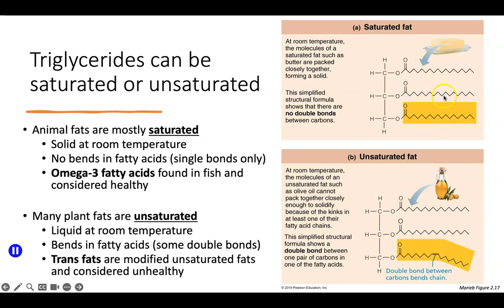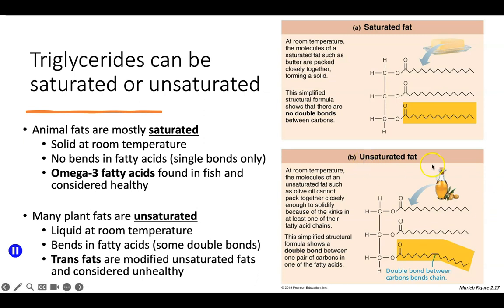Because all of these fatty acids are straight, you can really push them in tight. So think of like a crowd at a concert. If everyone's holding their arms at their sides, they can really stack people in very closely to each other, shoulder to shoulder. Whereas let's say someone starts holding their arm out to their side.